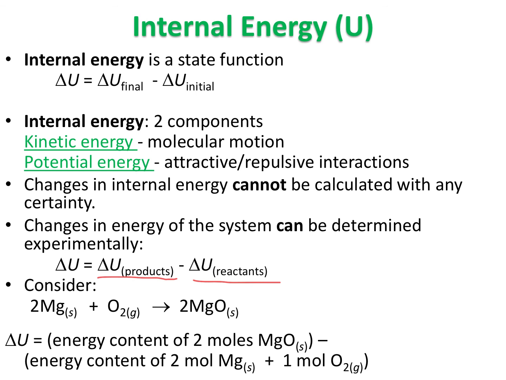Thus, the internal energy change of the system equals the internal energy change of the products minus the internal energy change of the reactants. In the example, the internal energy change of the reaction of magnesium and oxygen to make magnesium oxide is the change in energy of 2 moles of magnesium oxide minus the change in energy of 2 moles of magnesium and 1 mole of oxygen.